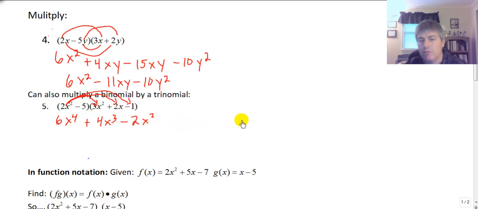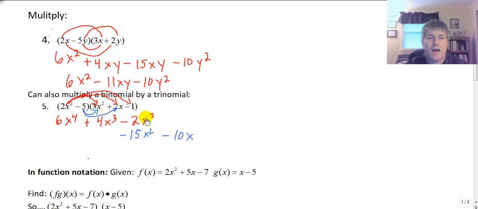We can continue this process horizontally, but I'm going to do this vertically because you can see how easy it is to line up the like terms. So negative 5 times 3x squared is negative 15x squared. And then negative 5 times 2x is negative 10x.